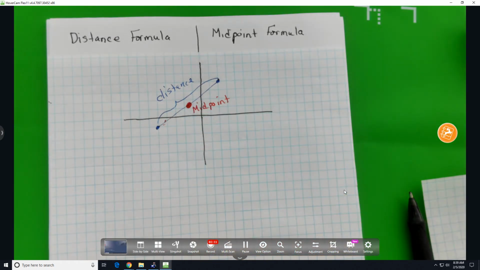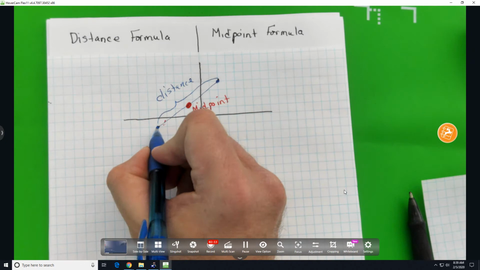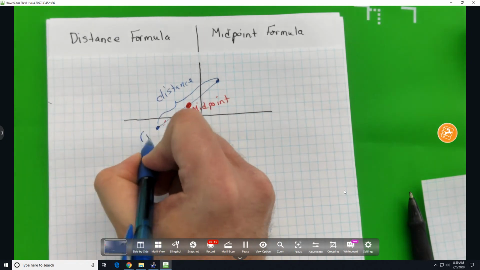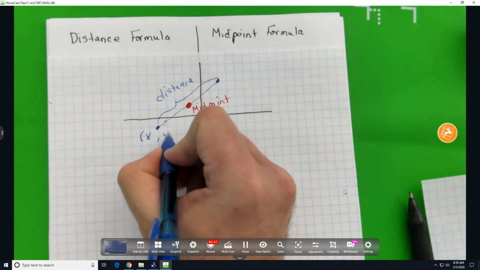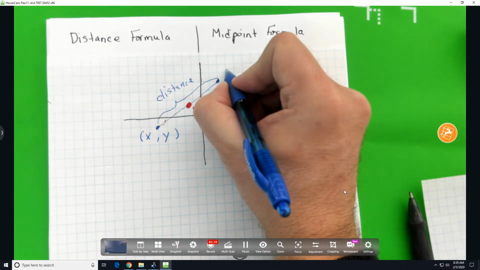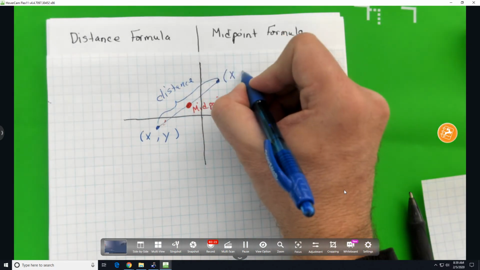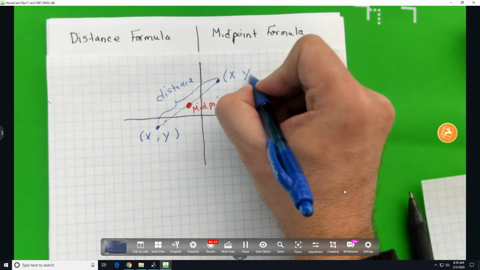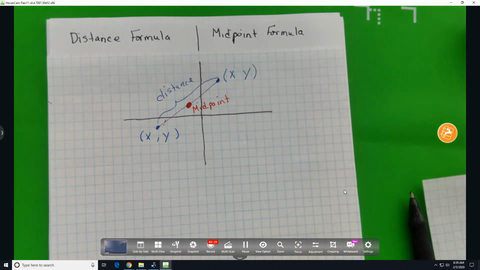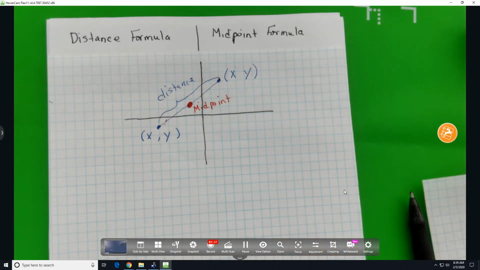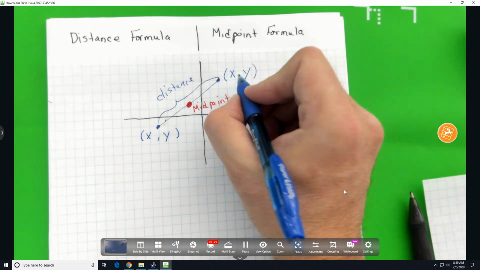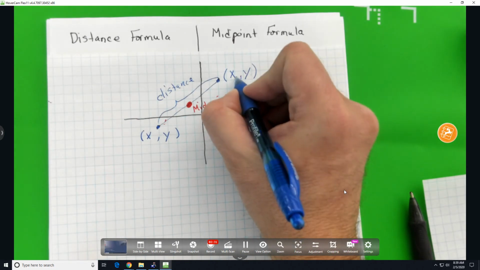Now, each ordered pair is an x, y. But I can't call both of these ordered pairs x, y, because if I do, which one am I talking about? So I'm going to put little subscripts.